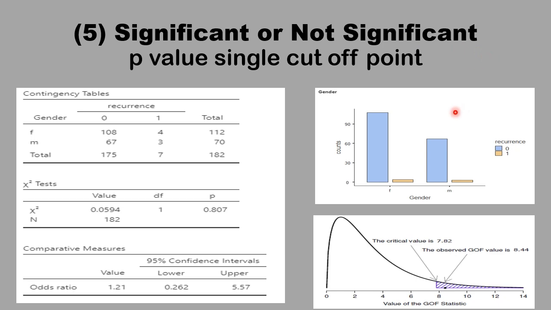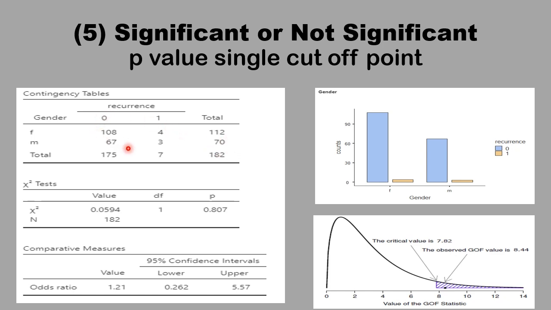Now, significant or not significant? Let's take this example. In a study of pleomorphic adenomas in the females and males, it was found that we had 4 tumors in females out of 112 and 3 tumors in the males out of 70.